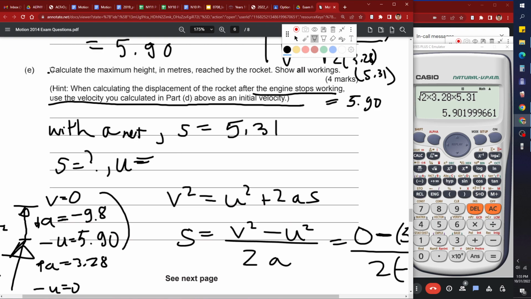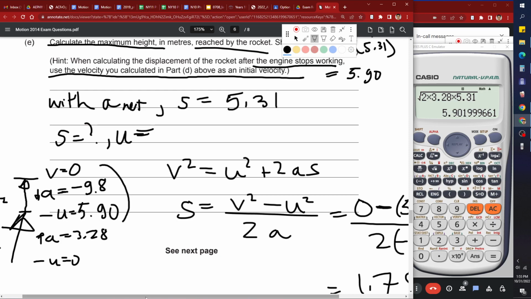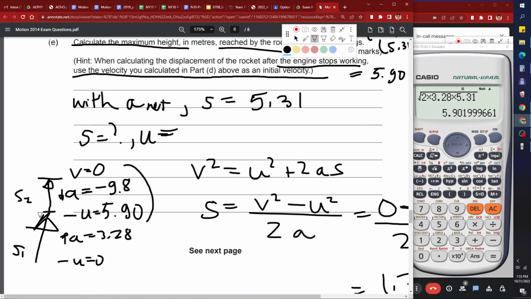Once you get that, that's not what it asks us though. It says calculate the maximum height reached by the rocket. So our maximum height is S1 when the engine was working, and then S2 as the engine's off and gravity slows the rocket's ascent until it stops at this maximum height.